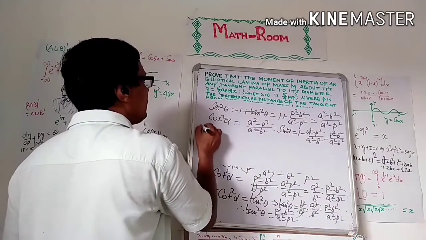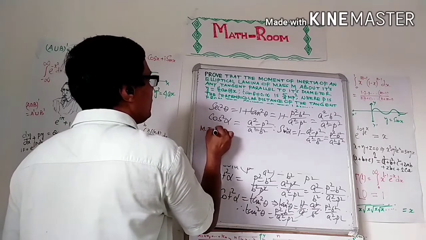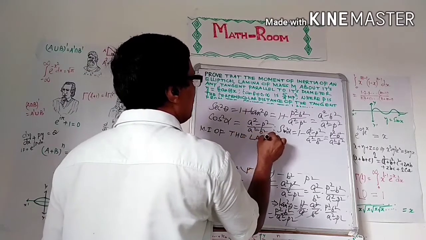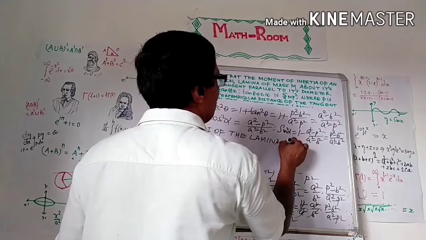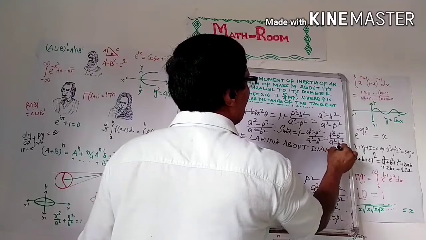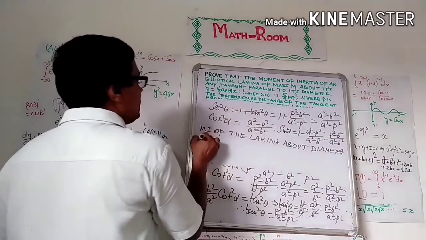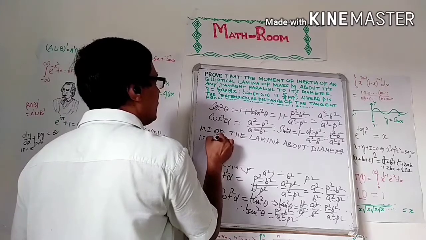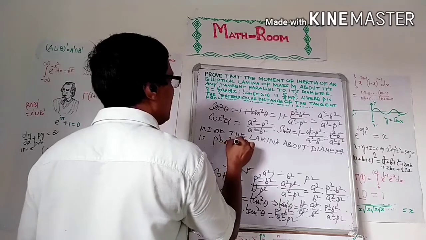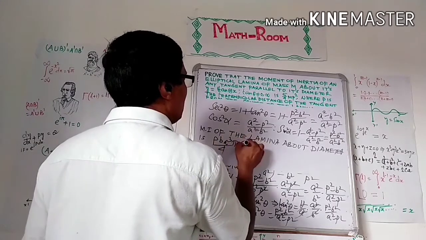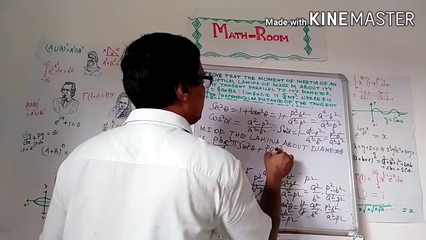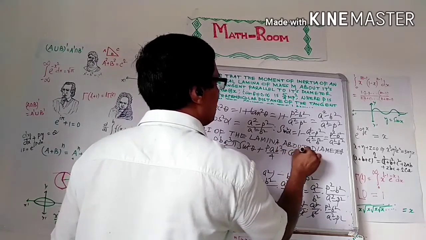We have already got the moment of inertia of the lamina about the diameter as rho b a cube pi over 4 sin square theta plus rho a b cube pi over 4 cos square theta.